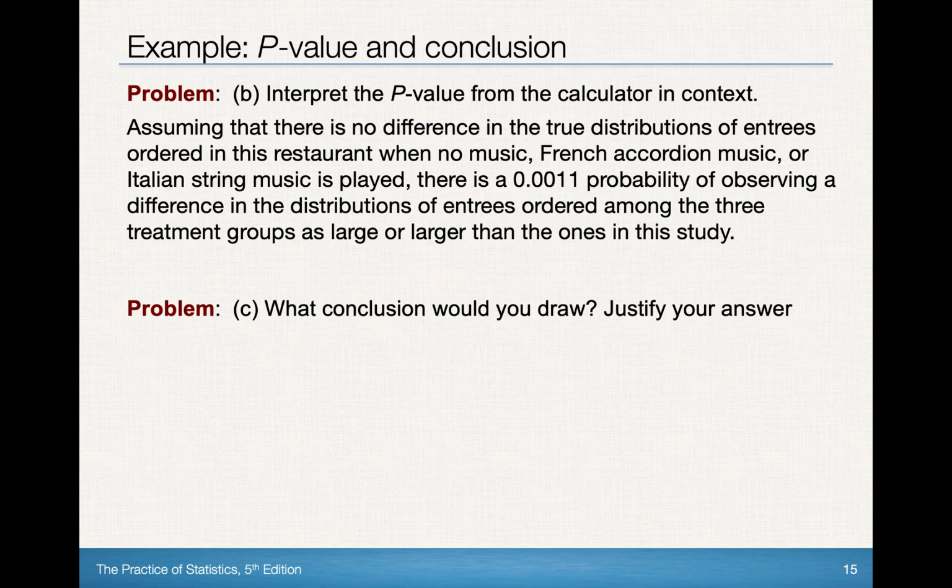If you go into stat and go over to test, and go all the way down until you see chi-squared test, not chi-squared GOF, because that's the chi-squared goodness of fit test. This is a different inference test. Go to the chi-squared test.